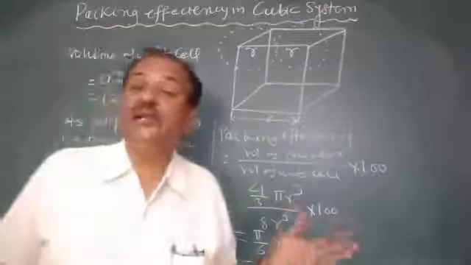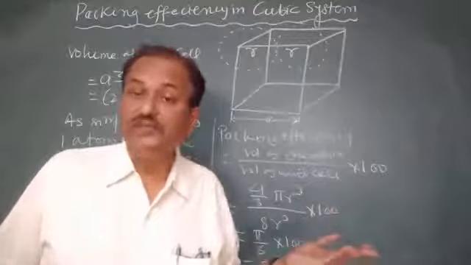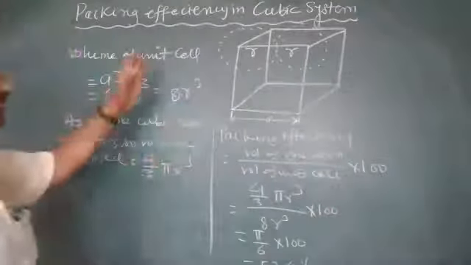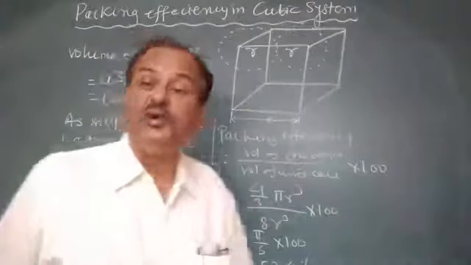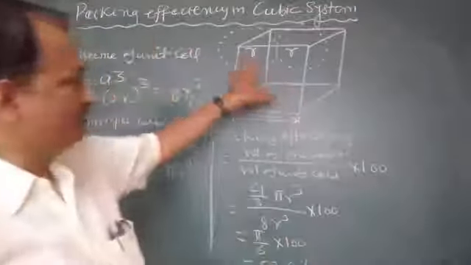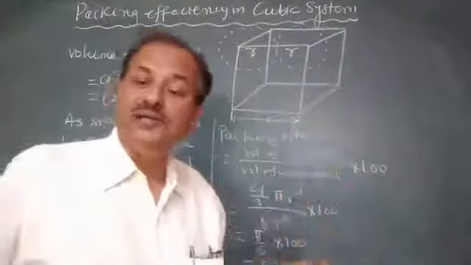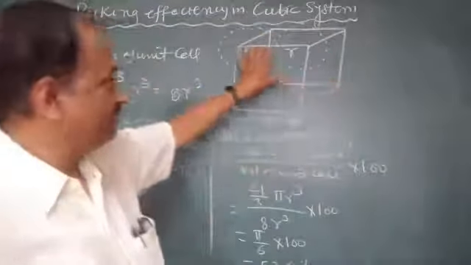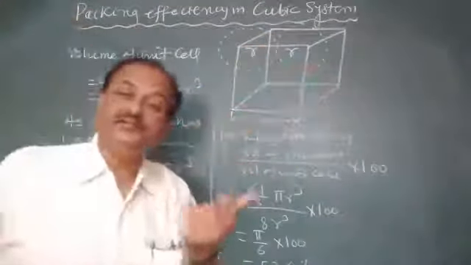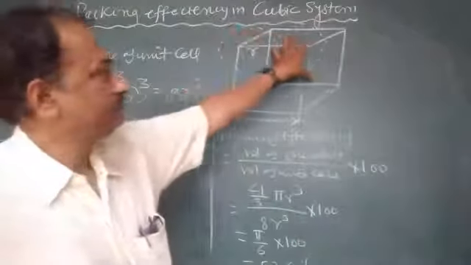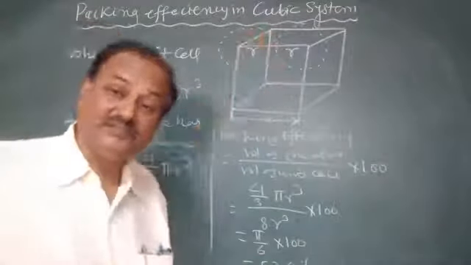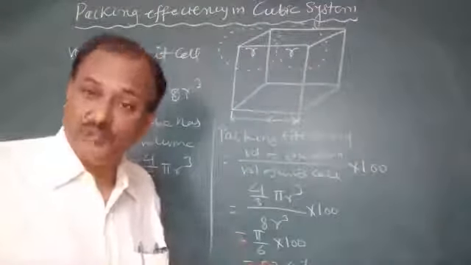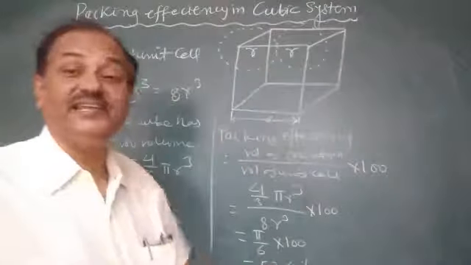Now in this I am going to explain more points about the packing efficiency in case of cubic system or simple cube. So children, for simplicity and to save time, I have drawn a simple cube, and in a simple cube there is the presence of particles at the corners. You know, in a simple cubic system, particles are present at the 8 corners.